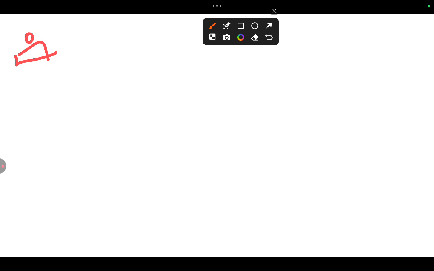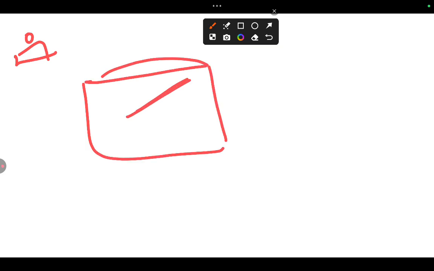The question clearly mentions this. We have options. What do we have? The center of gravity of the body below its center of buoyancy. For example, you take this container filled with some water, and place one block here. The floating body is stable. The body is in an equilibrium state.